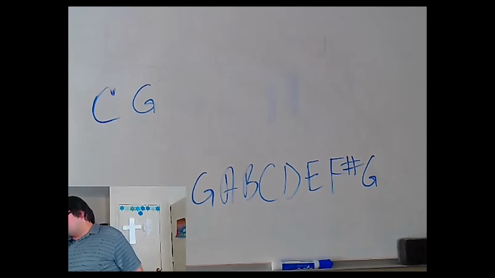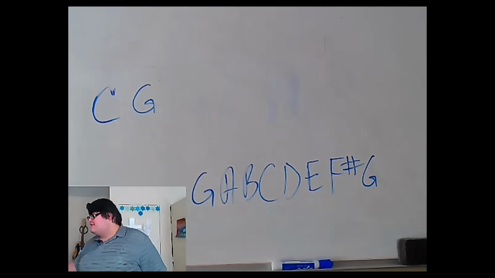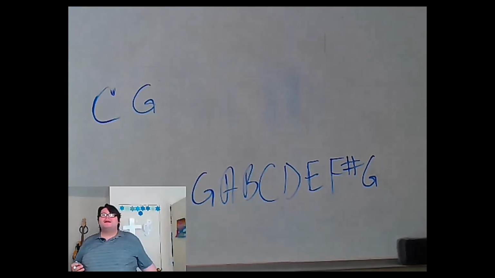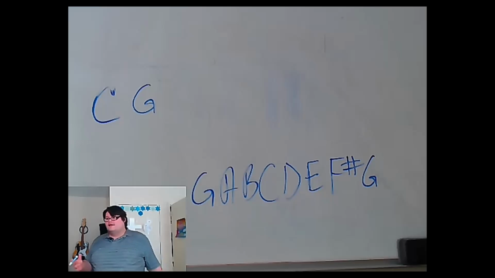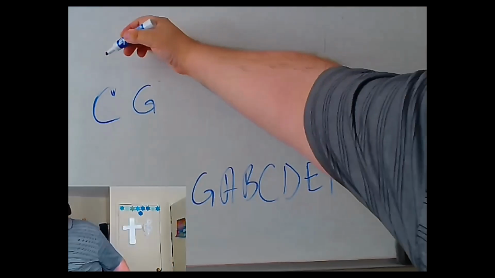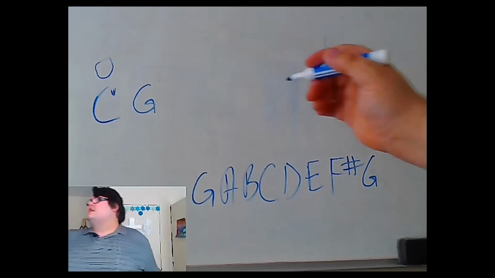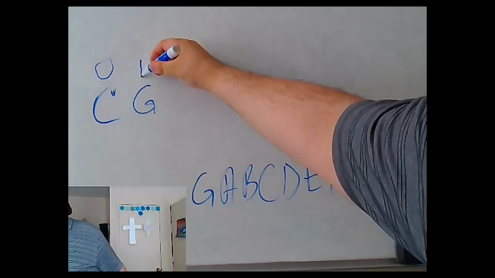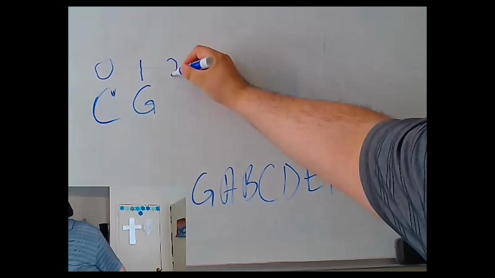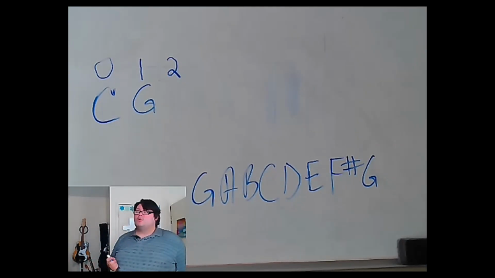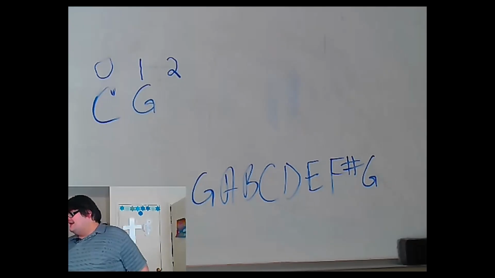Now, in the previous video, we added some numbers above to show how many sharps each key has. In the key of C, it had 0. Now in the key of G, we're adding 1. Now this one is going to have 2. But which one is it? Let's find out.